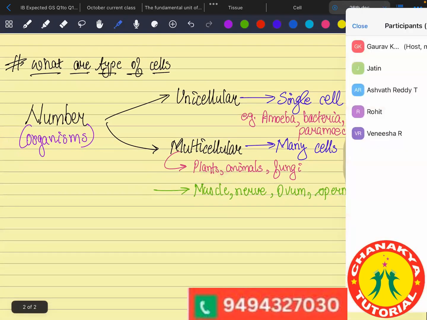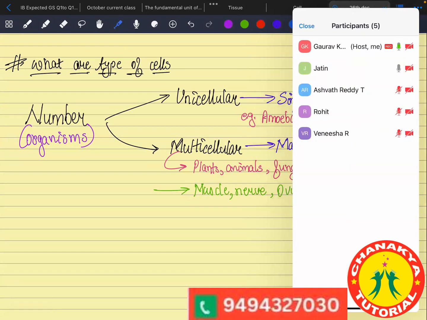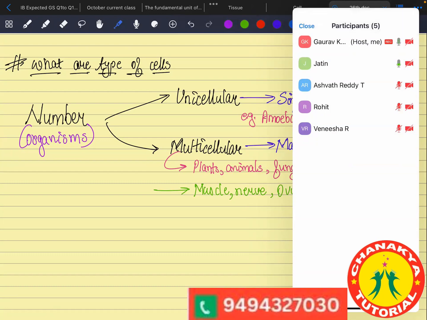Okay, sir. This is Jatin's father. Jatin was trying to speak, and we were thinking that you were not able to hear him. No, I was not able to hear you. Now I am able to hear. From now onwards, we will connect through Zoom.